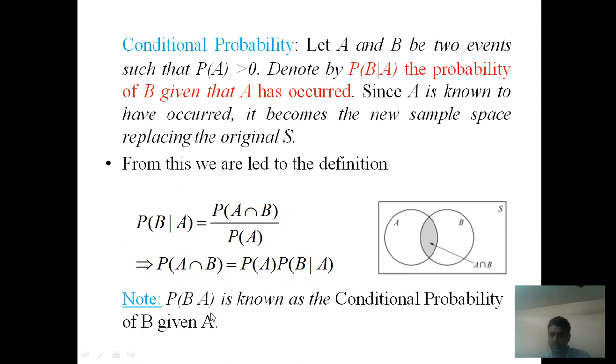That is, event A is already finished. Then finding the happening of event B is known as the conditional probability.